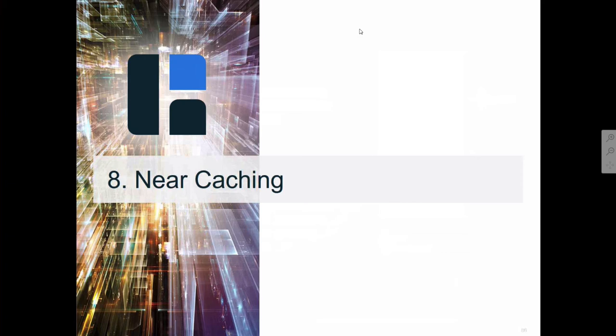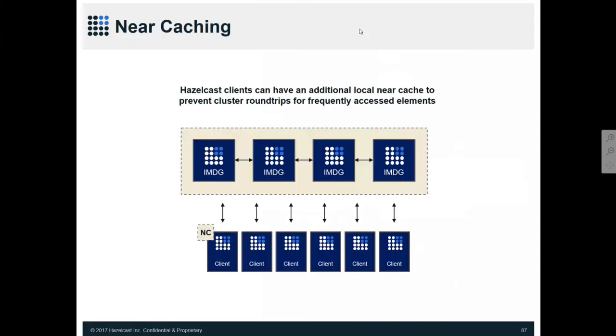Near caching. Near caching is about adding a separate layer of cache to clients or members. Most specifically, it's normally used for clients.